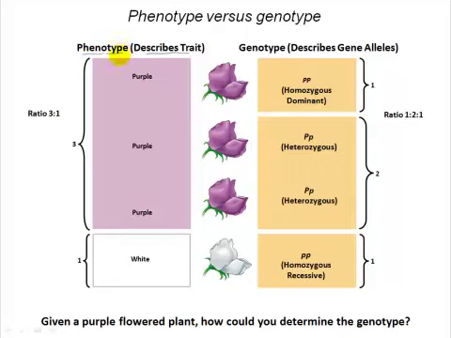So phenotype refers to physical characteristic or observable trait, and that obviously is depending on the genetic makeup or genotype that's driving that genetic trait and its expression, right? And so genotype describes the allele composition at a given gene. It's your genetic makeup. Your phenotype depends on genotype.